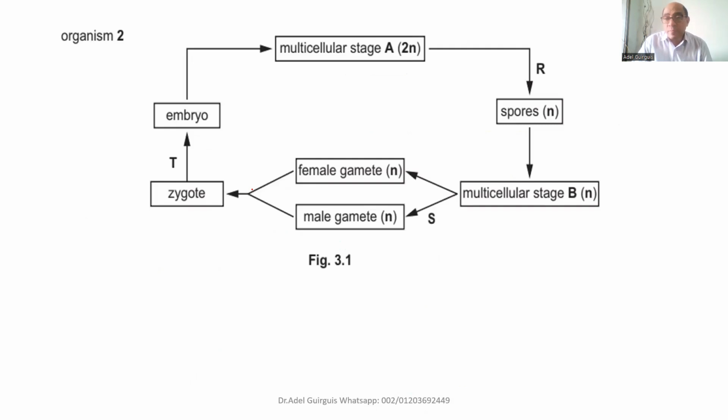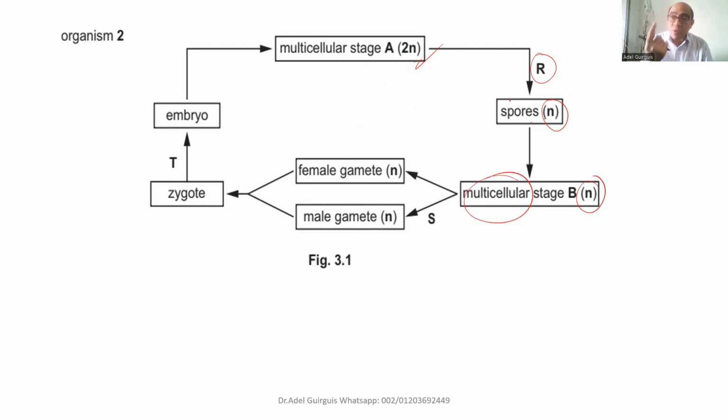For organism 2, here is multicellular stage A, diploid 2N. By process R, it forms spores, 1N, from 2N to 1N. Then spores change into multicellular stage B, with N also, but multicellular.